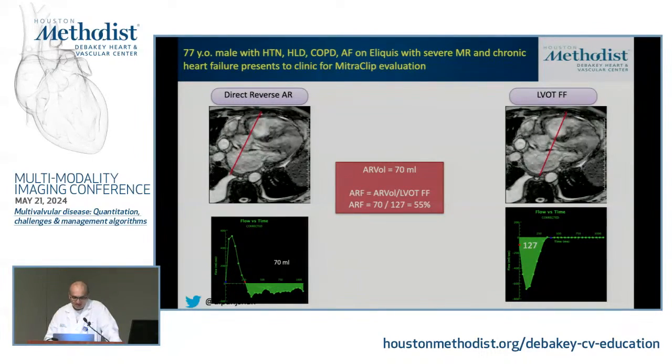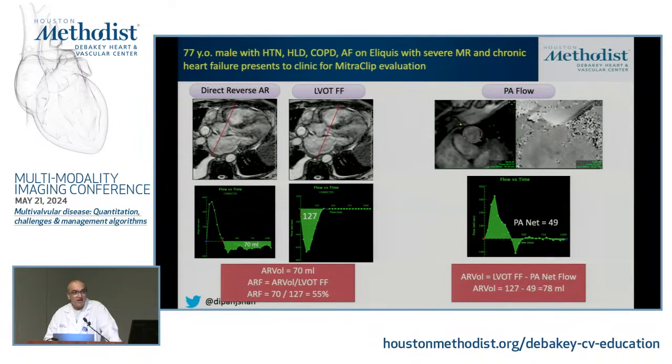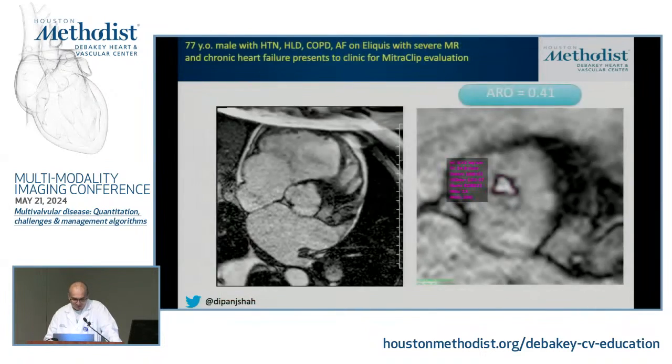In this case, the forward flow across the aortic valve is 127 cc's, and the pulmonary artery net flow is 49. The difference between these two is 78. Obviously each technique has a little bit of variability. I've got 70 by one approach, 78 by another, telling me this is severe aortic regurgitation. So I've got that solution answered.